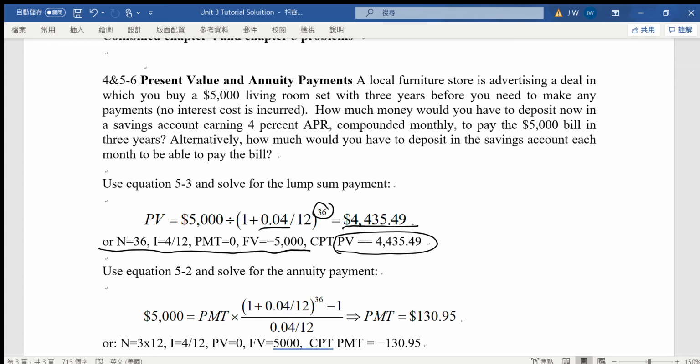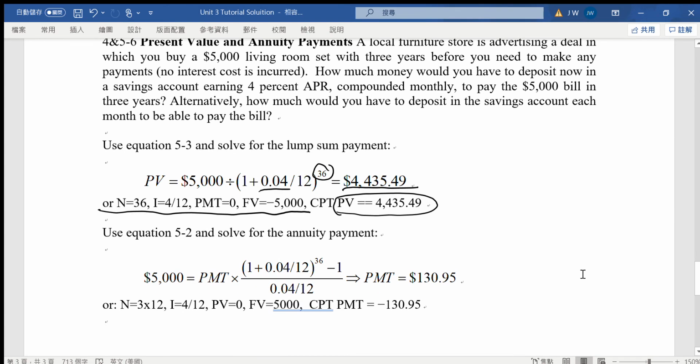The second part of the question asks: if you do not put in one lump sum, but save up month by month for 36 months, how much should you save each month for the coming 3 years?